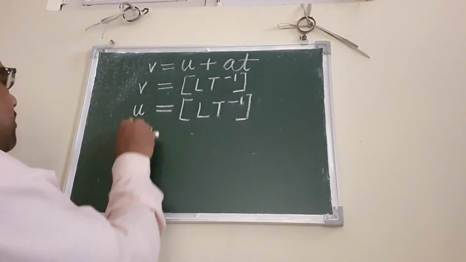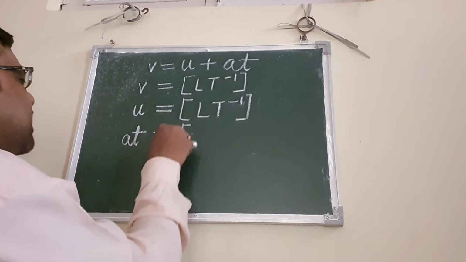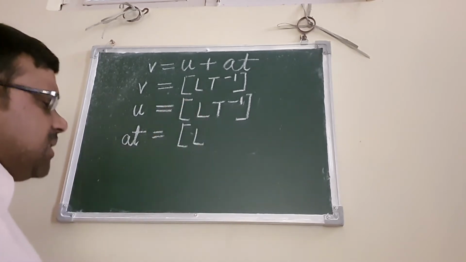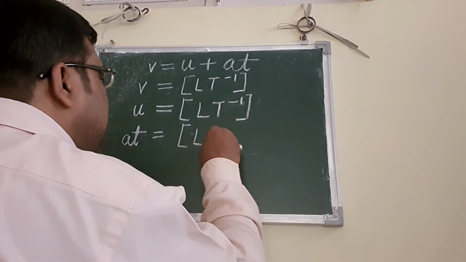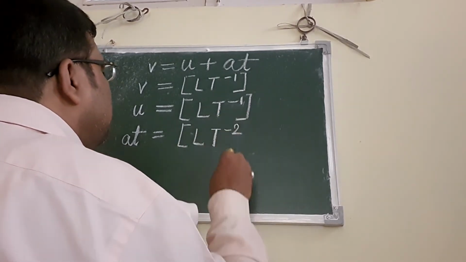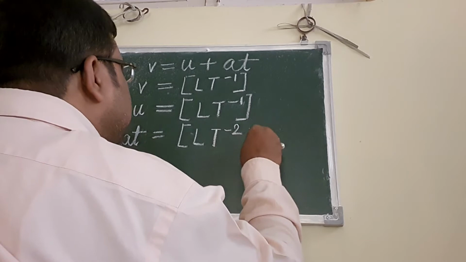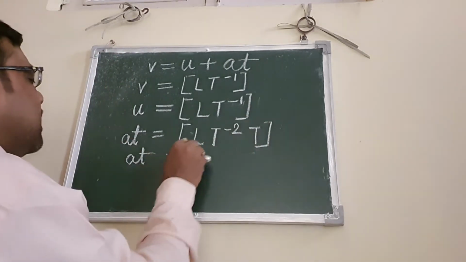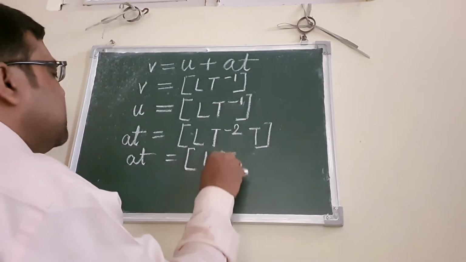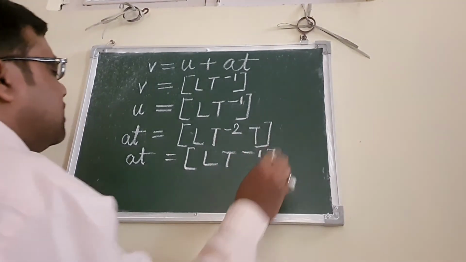And the dimension of AT: A is the acceleration, so its dimension is L T raised to power minus 2, into time, that is T. So simplifying this, it becomes L T raised to power minus 1.